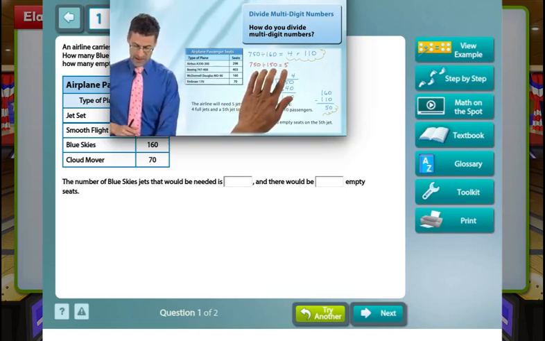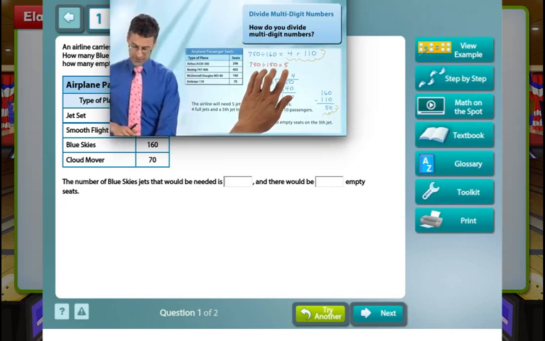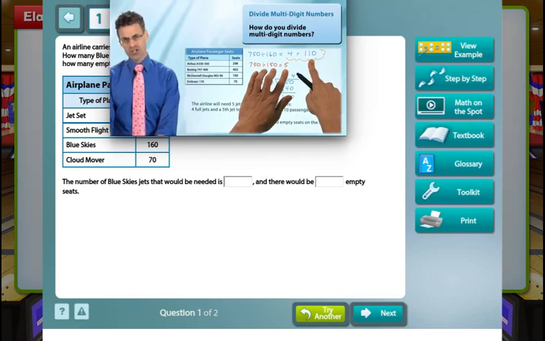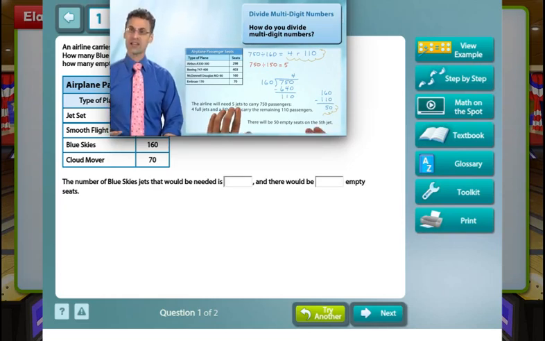Well, remember, we estimated, by finding a compatible number of 150, that we would need 5 jets. And what do we see now? Well, now we see, in fact, we need 4 full jets and then a 5th jet that's partially full, not totally full. So, in fact, we do need 5 jets, and that's exactly what our estimate was.